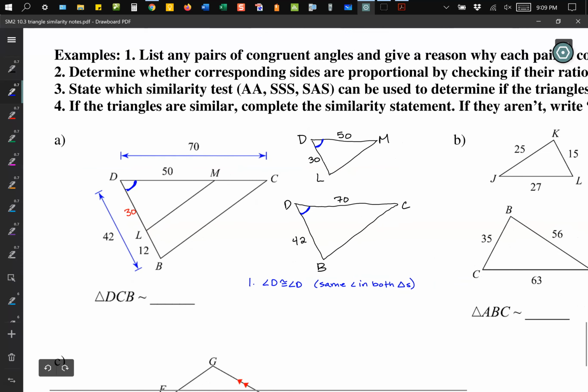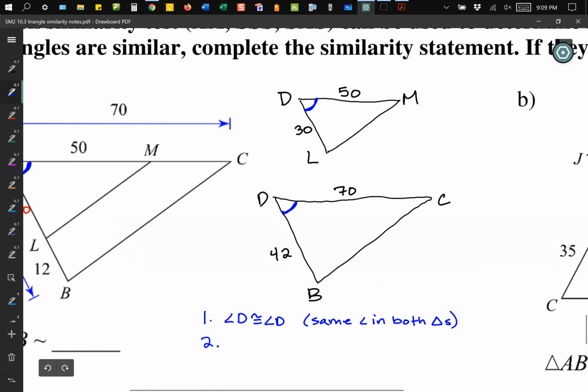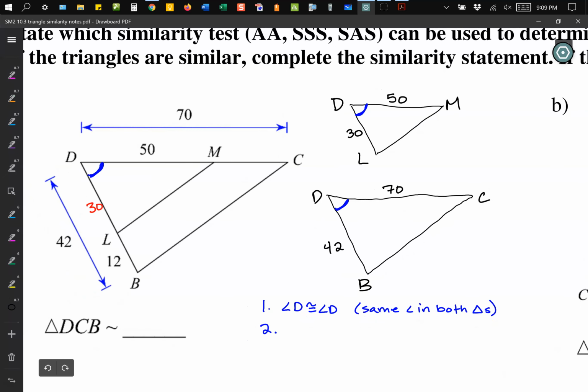All right, number 2 says determine whether the corresponding sides are proportional. So I am going to do shorter side over shorter side. So 30 over 42.